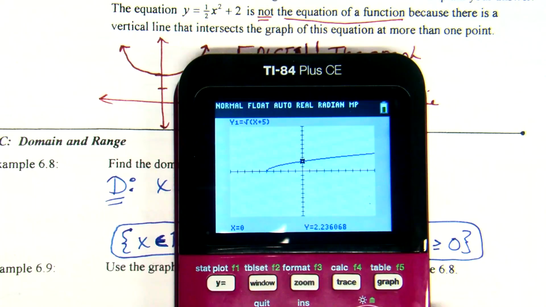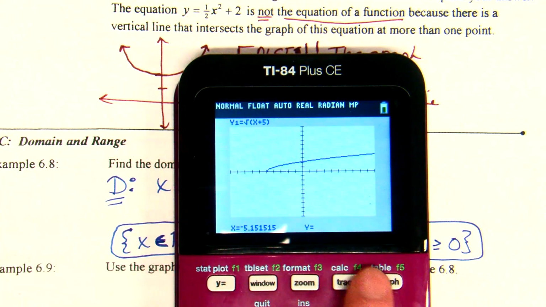Well, I can hit trace and arrow over, and I went too far, right there it goes to negative 5, 0, right? Once left of negative 5, notice my y value ceases to exist. That indicates that I can't go below that, and I'm not going left of that.